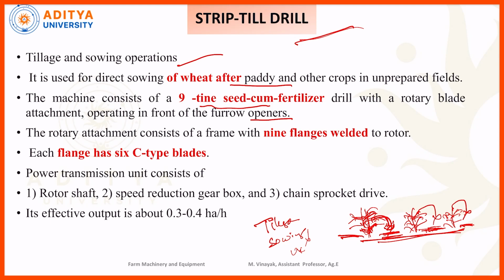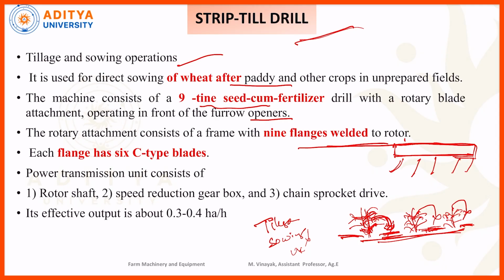The rotary attachment consists of a frame and a rotor with 9 welded flanges. On the front side, the tillage setup will be there. On the rear side, rotary-action flanges are provided to pulverize these stubbles.